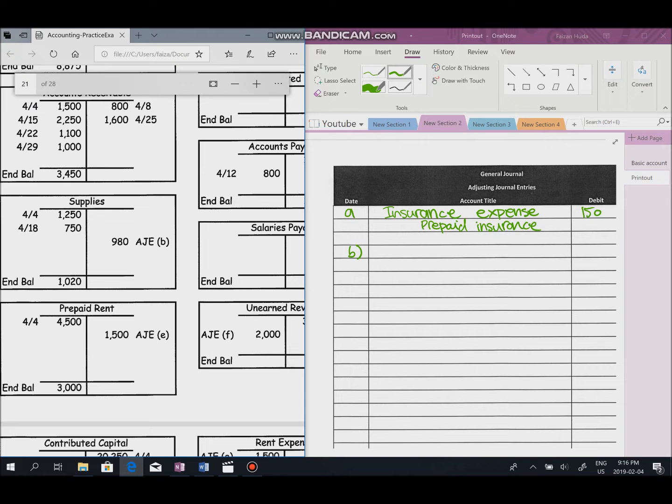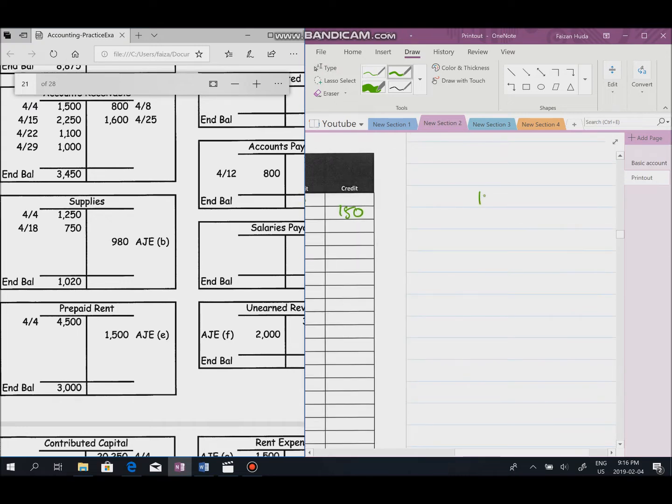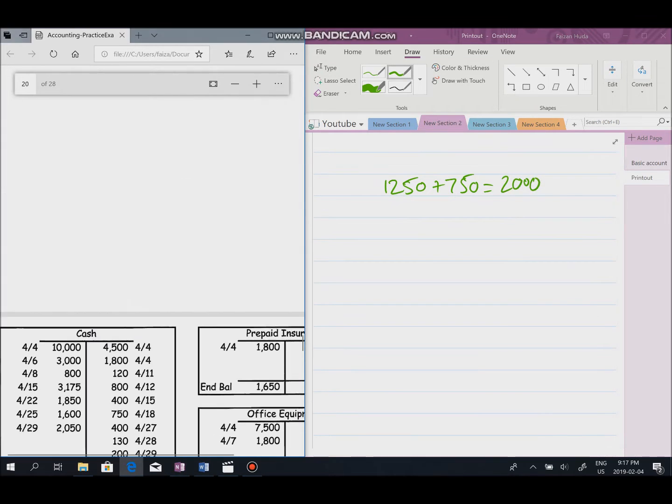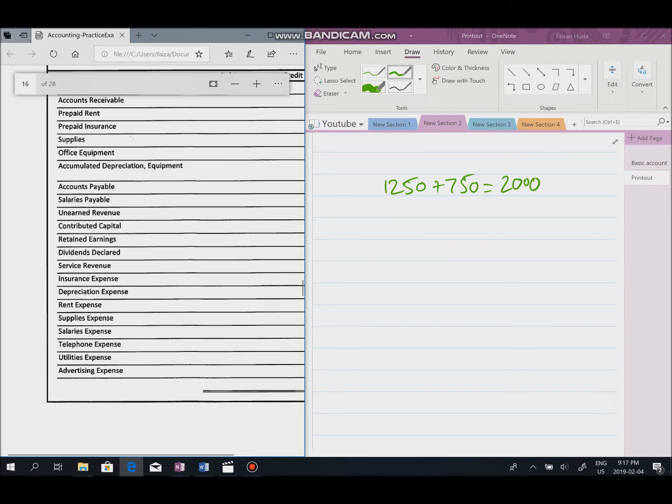So ignore the 980 adjusting entry. Our current balance for supplies should be 1,250 plus 750, equals 2,000. That's all we needed. Okay.